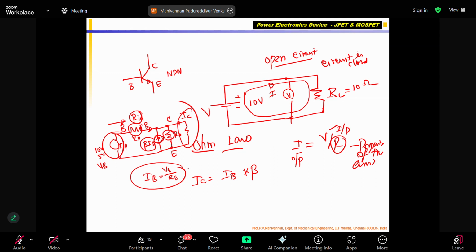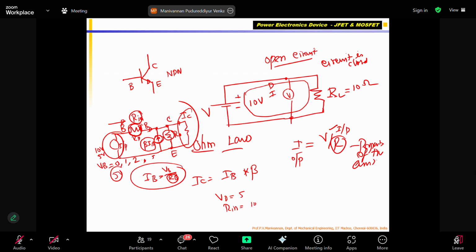How much current flows depends upon this resistance RB value. Correct? I give my input voltage VB. I can give 0 volts or 1 volt, 2 volt, 3 volt or whatever voltage is allowed. Say for example this is 5 volts for this particular transistor, so the maximum VB can be 5 volts. The RB, internal resistance or R in of the transistor, is decided by the manufacturer of the transistor.